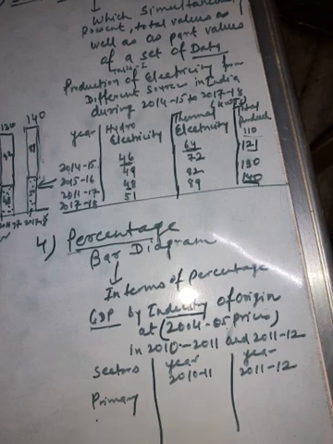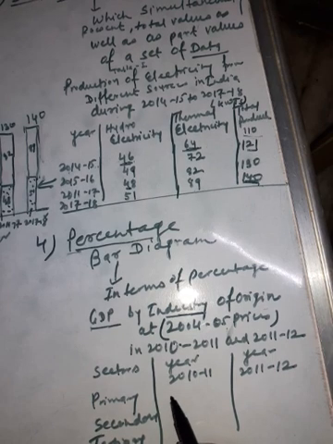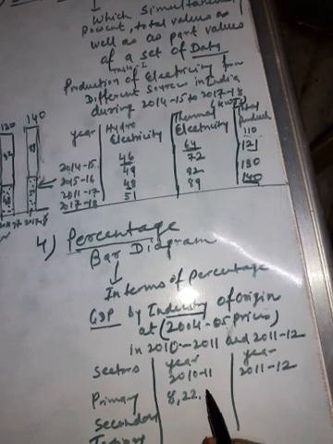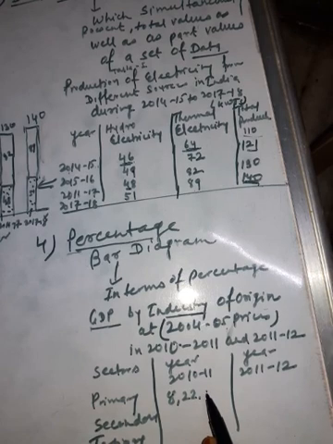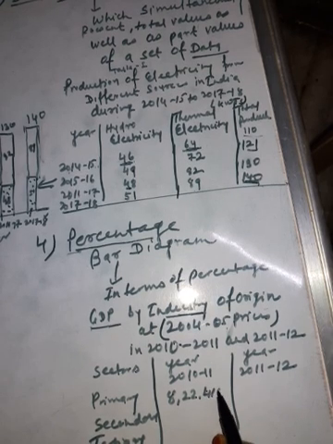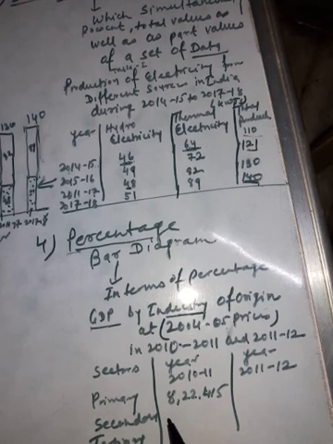All economic activities are classified in three sectors: primary, secondary, and tertiary. Suppose primary, the contribution of agriculture in the primary sector, is 8,22,415.